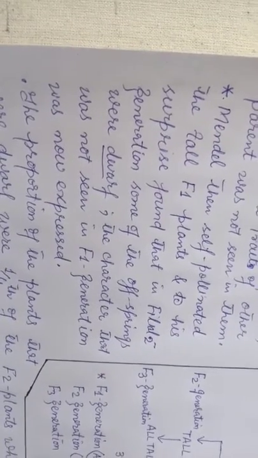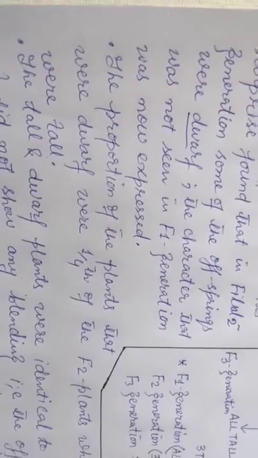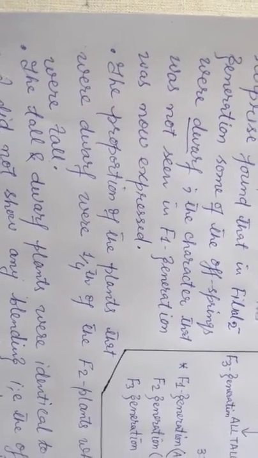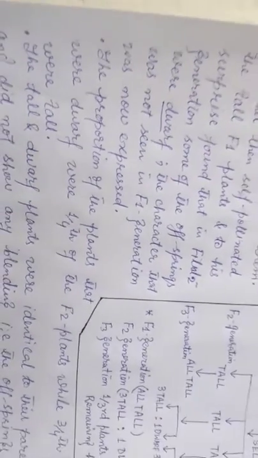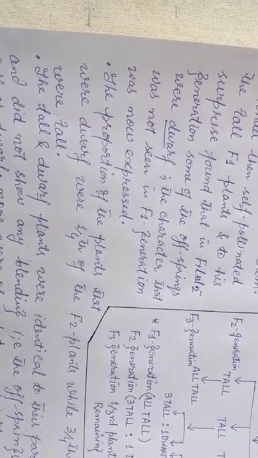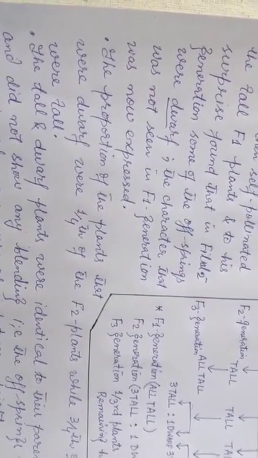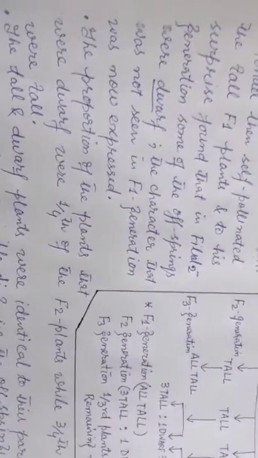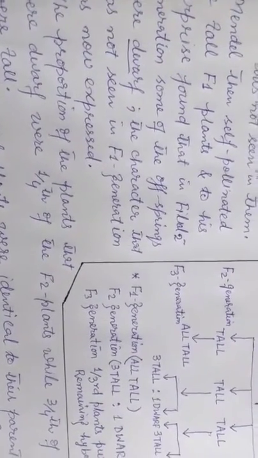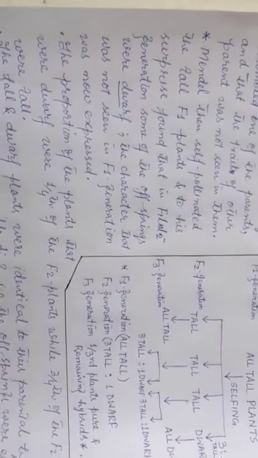The character that was not seen in the F1 generation was now expressed. And the proportion of the plants that were dwarf was 1/4 of the F2 plants. That means out of 4, 1 plant was dwarf, while 3/4 of the F2 plants were tall.